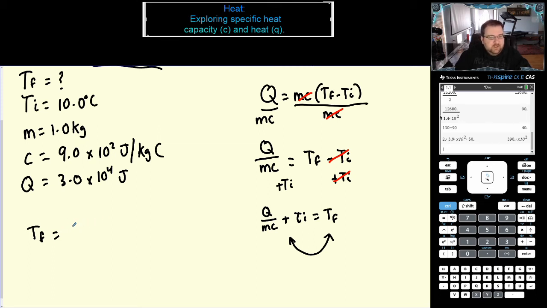So TF equals Q, so 3.0 times 10 to the 4 joules divided by my mass, which is 1.0 kilograms, multiplied by our specific heat capacity, which is 9.0 times 10 to the 2 joules per kilogram Celsius.